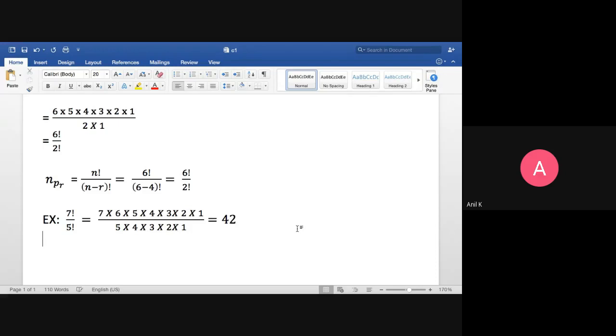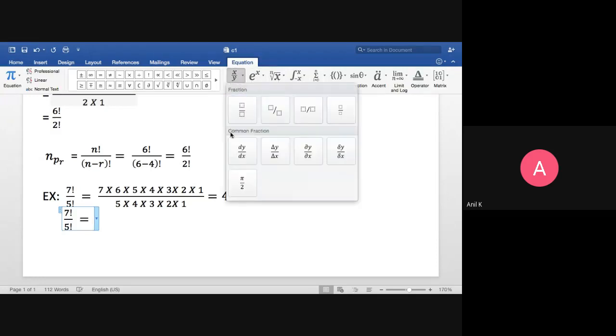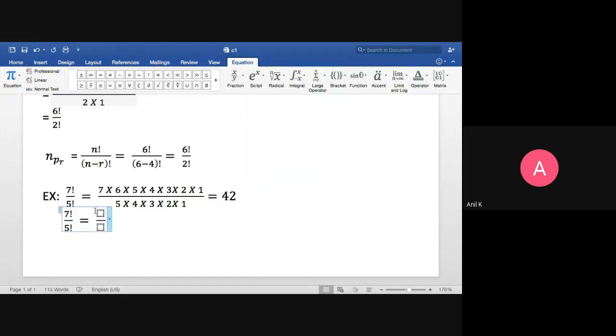So next, instead of writing all these, because generally it takes time to copy and write everything, what I can do here is copy the same question. 7 factorial upon 5 factorial. Both are the same, only the way of solving differs.